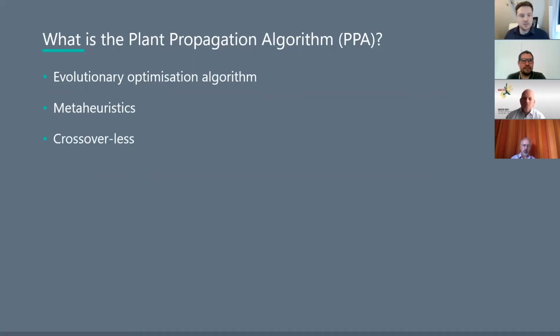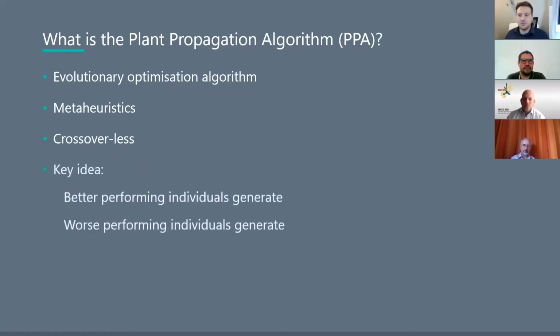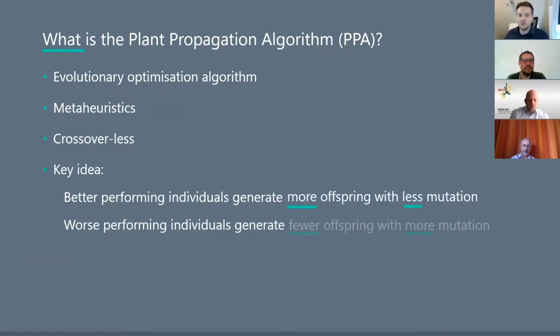The plant propagation algorithm creates offspring only by employing mutation. And the key idea of the plant propagation algorithm is that better performing individuals generate more offspring with less mutation, whereas worse performing individuals generate fewer offspring with more mutation.